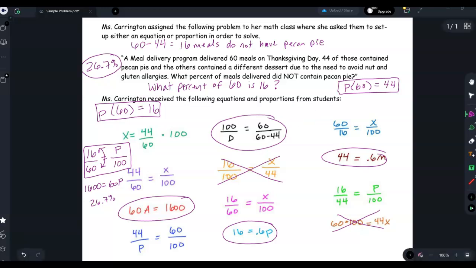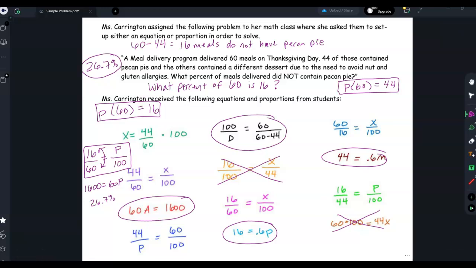So I'm noticing a lot of these proportion ones, they have 44s in them instead of 16s, which is fine. That just means that instead of using the subtraction first, they're counting on doing that subtraction later.